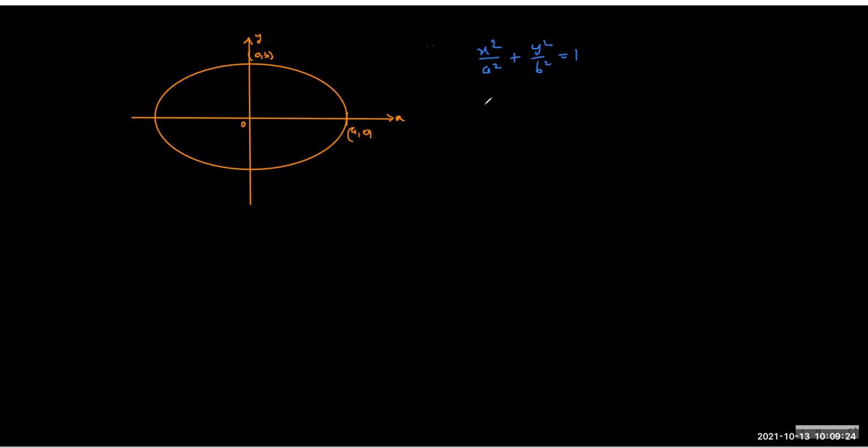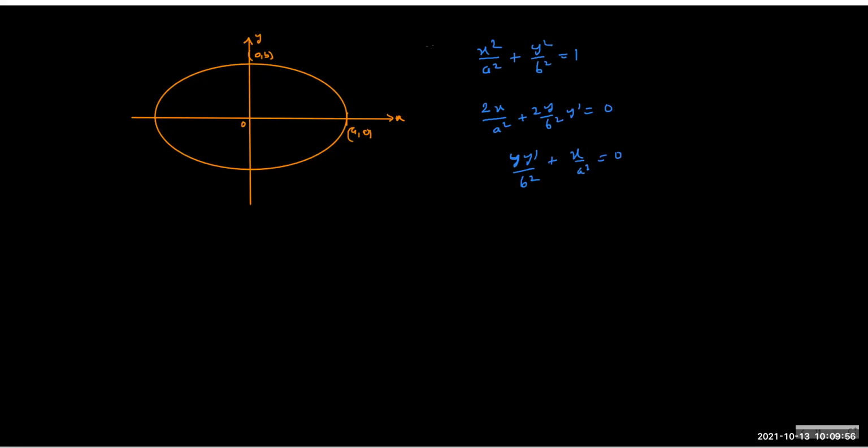So if you differentiate this, let's say, 2x by a square plus 2y by b square into dy by dx, which I will write as y dash. So what we are getting is y dash y by b square plus x by a square equals 0.